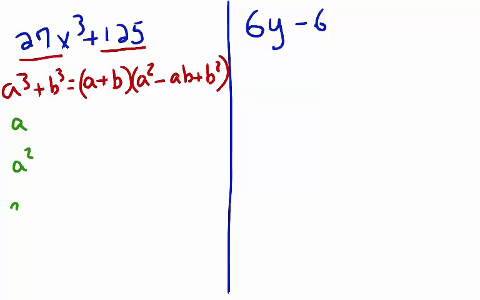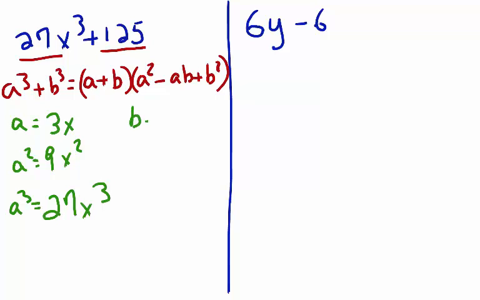A squared, and a cubed. If I let a cubed represent 27x cubed, I know that the cube root of this term is 3x, so I'll plug it in for a. A squared would be 9x squared.